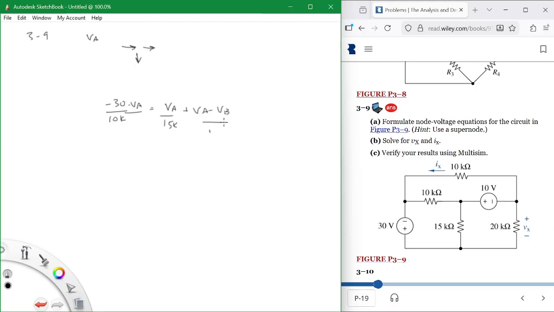No, VA minus VB is 10. Okay, so it's VA minus VB is 10. This is equal to 10, so we really know that already.